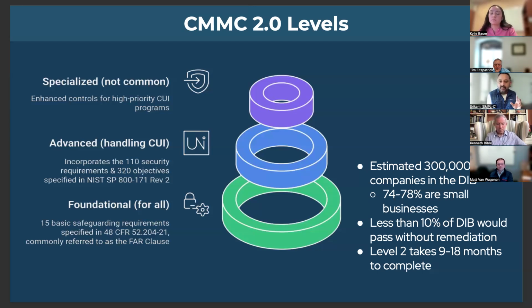Now, there are some really thought-provoking stats out there that put emphasis on why this is pretty important, right? Level 2 typically is going to take you between 9 to 18 months to actually complete, because there's a lot of activity that you need to do. And part of what DoD wants companies to embrace is this: everybody's behind the fact that we need to safeguard the data. Nobody says, oh, I don't want to, right?